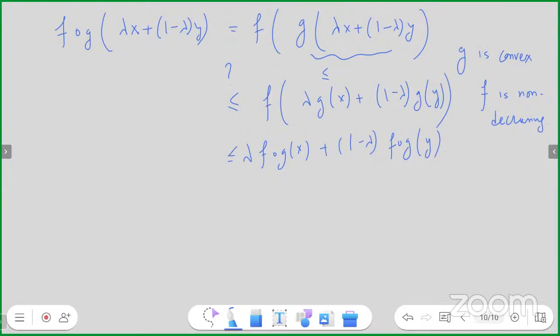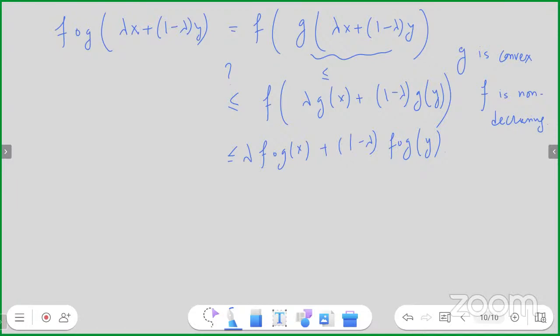So we are bringing lambda outside. That will equal itself, because we are operating F on the function. So we're splitting the argument, right? Like F of x plus g will just be F of x plus F of g.